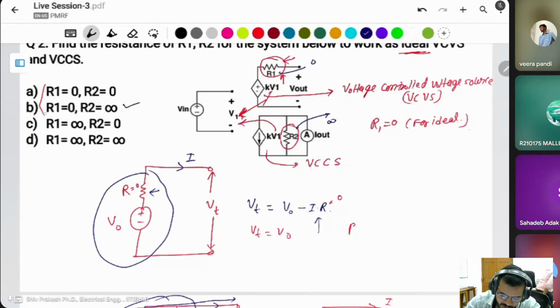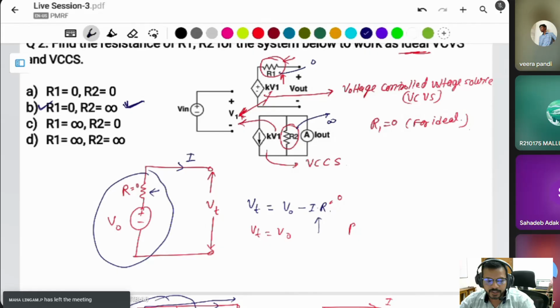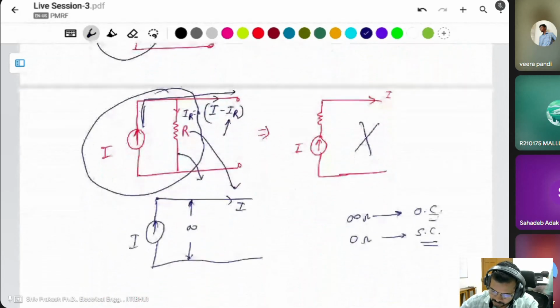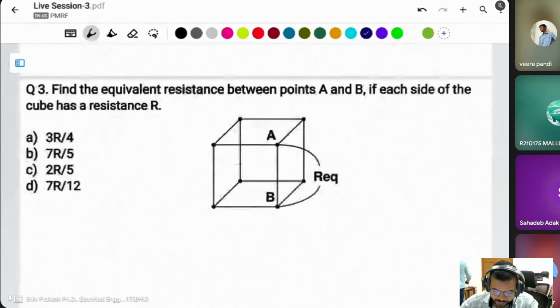R2 is infinity, R1 will be 0. Okay. This is the voltage source and current source, practical and ideal.